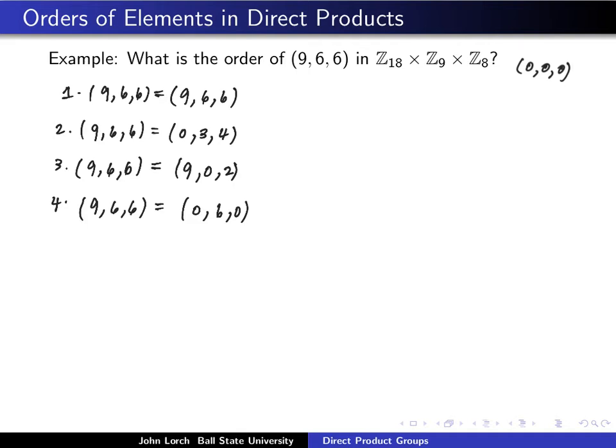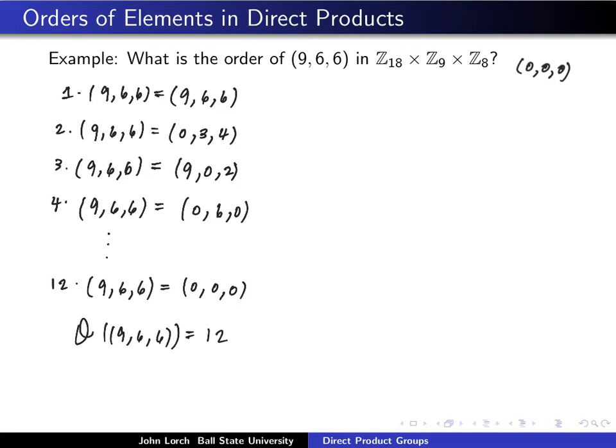And now you can keep going like this, and the very first time that you'll obtain the identity is with the multiple 12. So once you finally arrive there, then you'll be able to conclude that the order of this element, (9, 6, 6), is equal to 12.